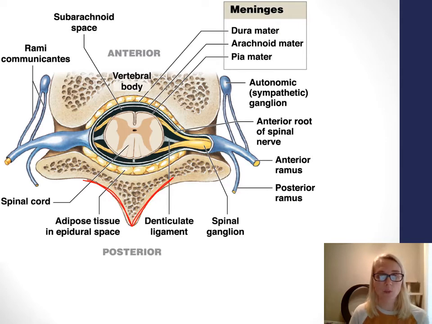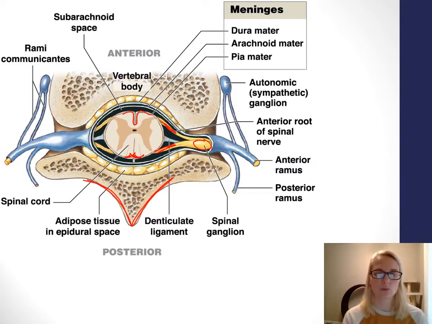That's a landmark. We know the spines are posterior. So we'll just review some of the things we've already looked at. Here's our posterior median fissure or sulcus. Here's our anterior median fissure. This is posterior, so here's our posterior root. Here's our anterior root. Here is our spinal ganglion.